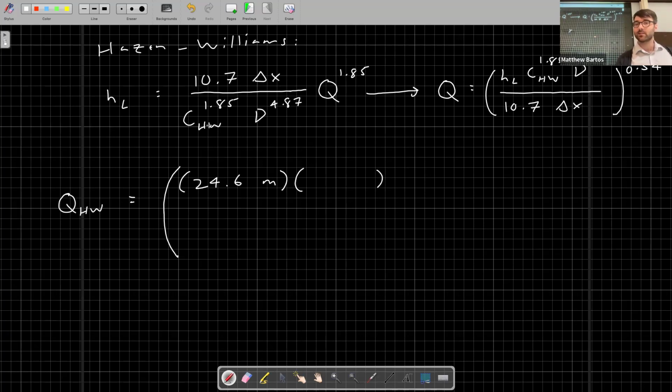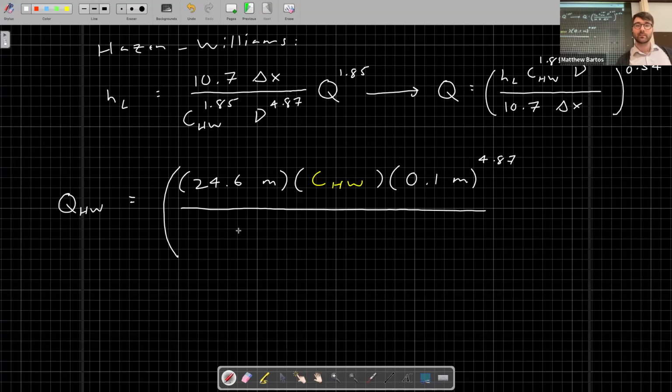So I'm just going to leave this blank, but I'll write it as CHW. The diameter was 10 centimeters, so that's 0.1 meters to the 4.87 power. And this is all divided by 10.7 times the length of the pipe, which was 200 meters. We're going to raise all of this to the 0.54 power.